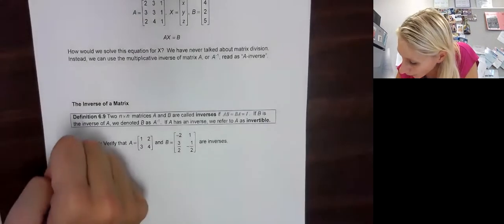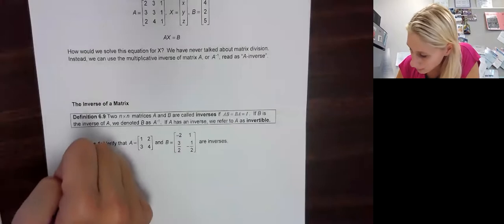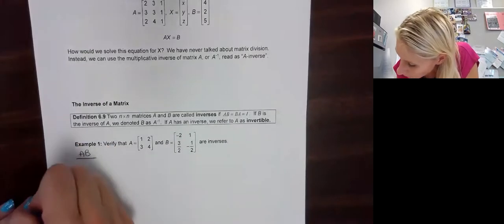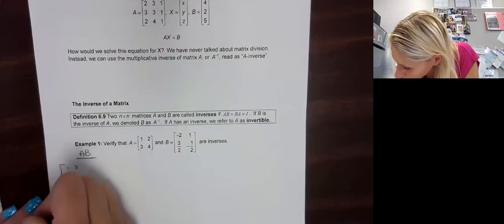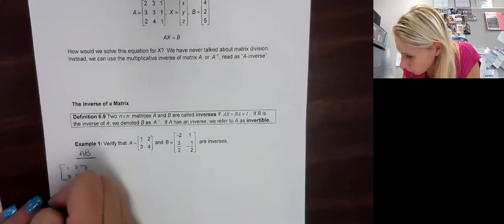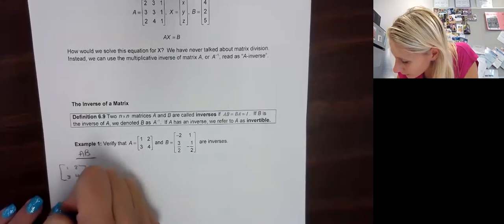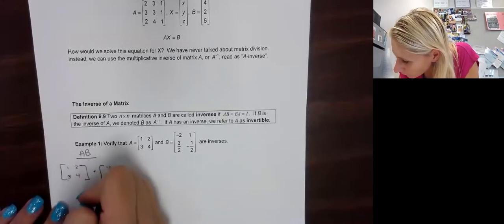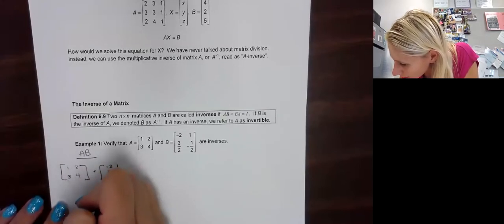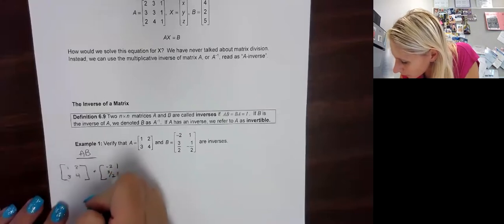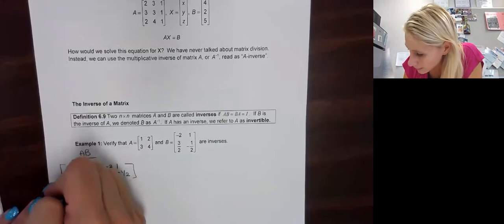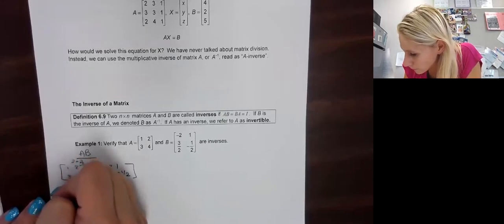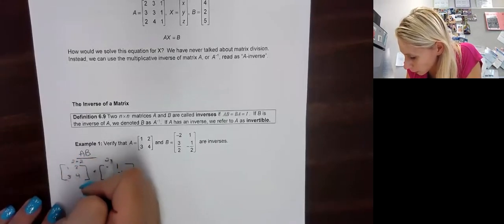Here we're going to try A times B. Okay, so I'm going to write that down. 1, 2, 3, 4. It looks like they made it easy on us. Okay, let's check our dimensions, because I want you guys to stay in that habit. So this is a 2 by 2 times a 2 by 2.